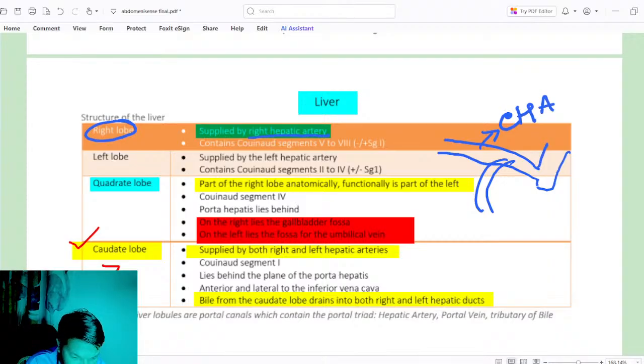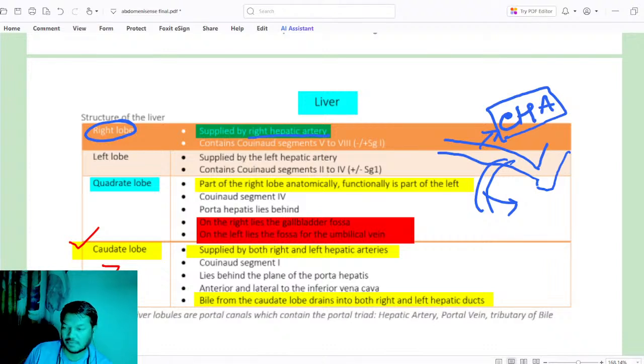Relax, breathe, and answer. The common hepatic artery gives the first branch. What is the first branch of the common hepatic artery?